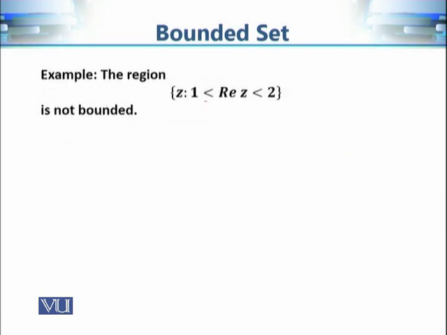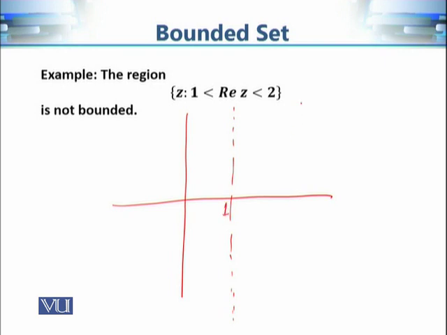Now let's consider another example. Consider all those complex numbers where the real part lies between 1 and 2. So what is the geometry of this region? The real part should be strictly greater than 1 and not equal to 1. So that's why I'm taking this dotted line. This is 1. And similarly, it should be strictly less than 2 and not equal to 2.